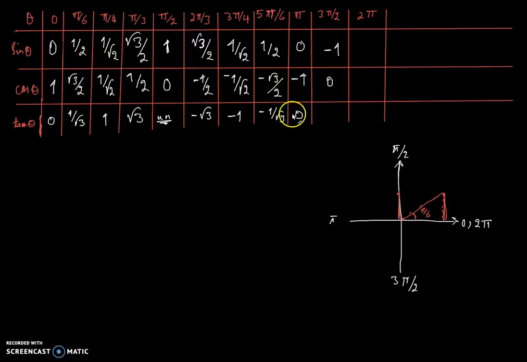And so the tan value is undefined. For 2 pi, you get the same thing as 0. So you can simply write 0, 1, 0, because you end up on the same point in your coordinate system.